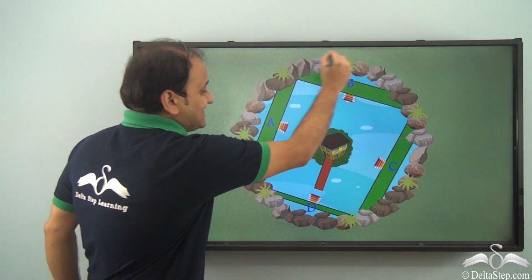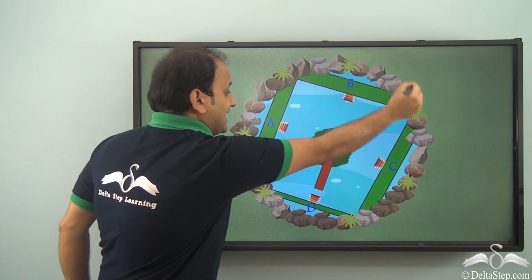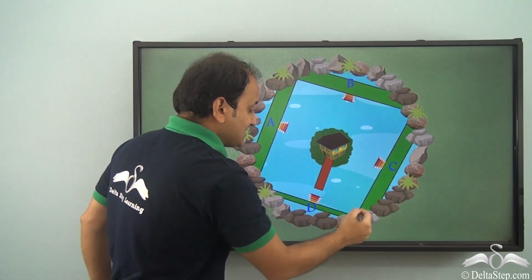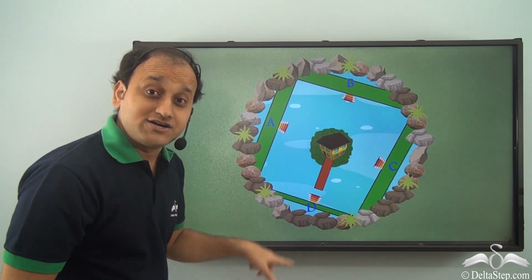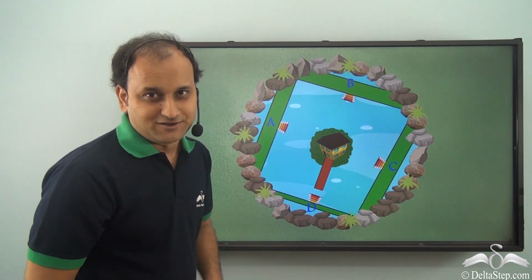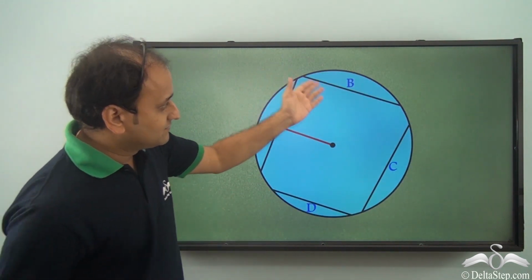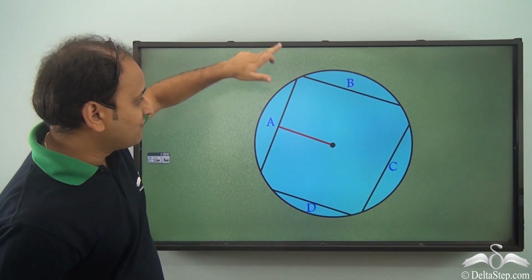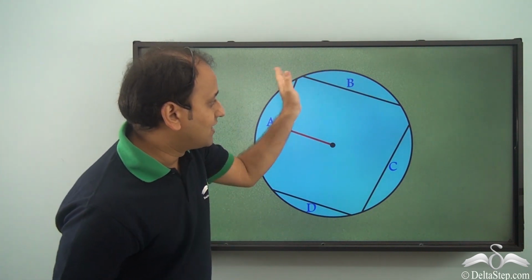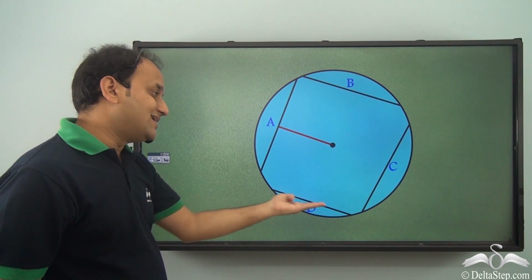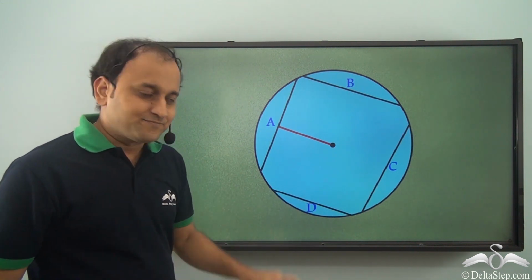So, we can say that this particular lake is a circle, and all these gardens are nothing but chords of this circle. So, if we draw this here, then we have garden A, which is a chord, garden B is another chord, garden C is another chord, and garden D is another chord.